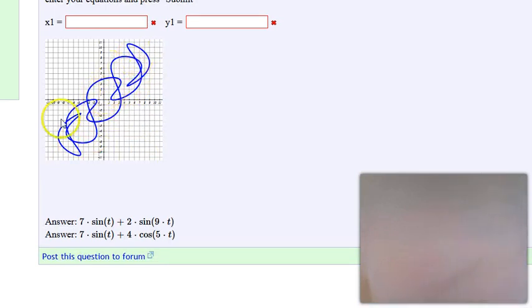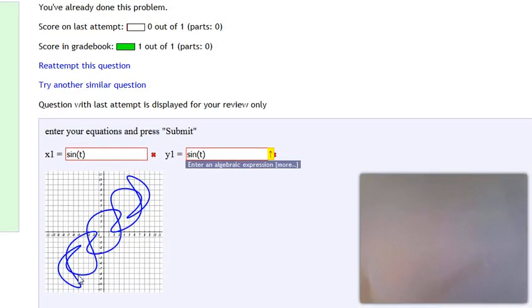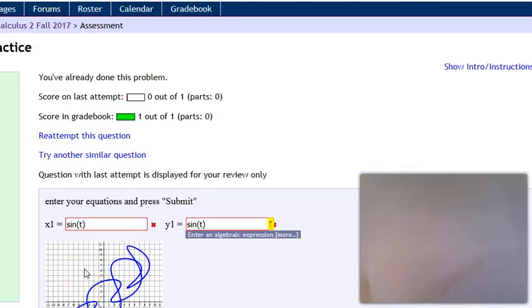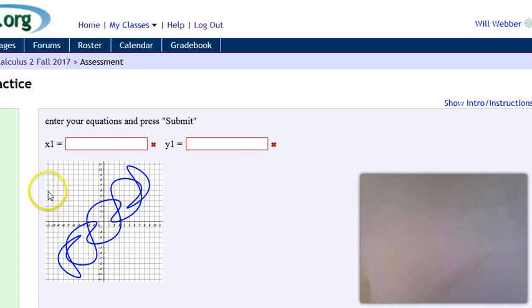It's like it's headed up. In fact, if I just went in here and took a guess of sine t, and said, show me that, how do I reattempt this question? Why is this not letting me?